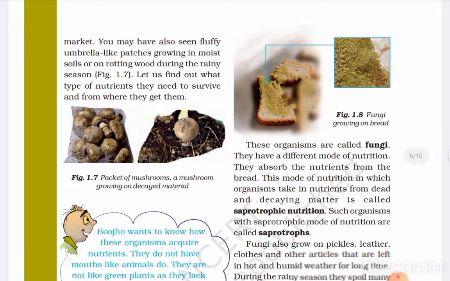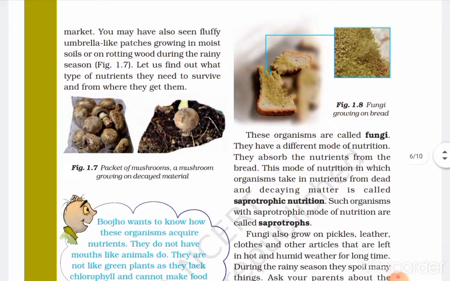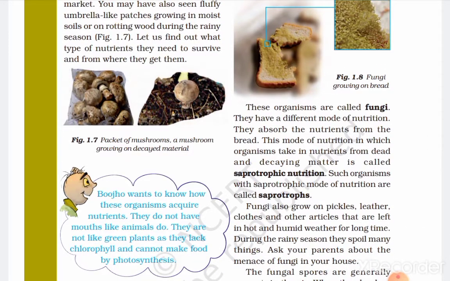You may have also seen fluffy umbrella-like patches growing in moist soil or on rotting wood during the rainy season. Let us find out what type of nutrients they need to survive and from where they get them. So these are called fungi.